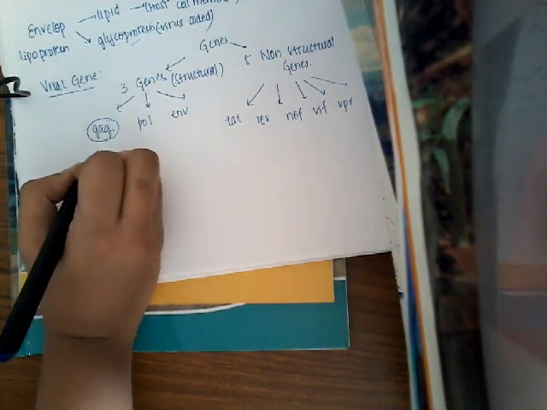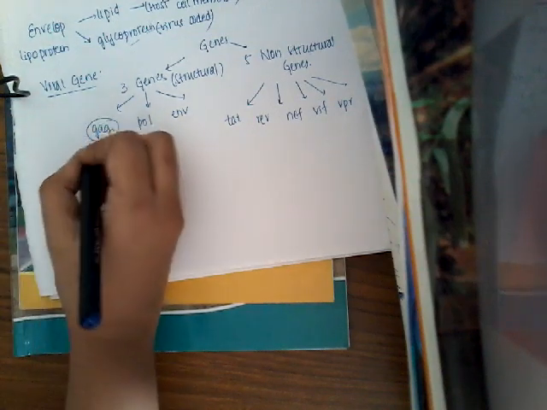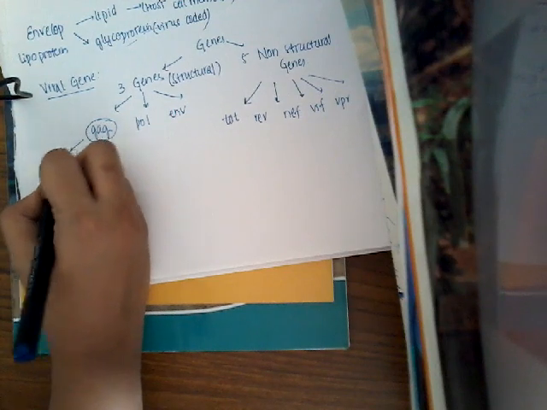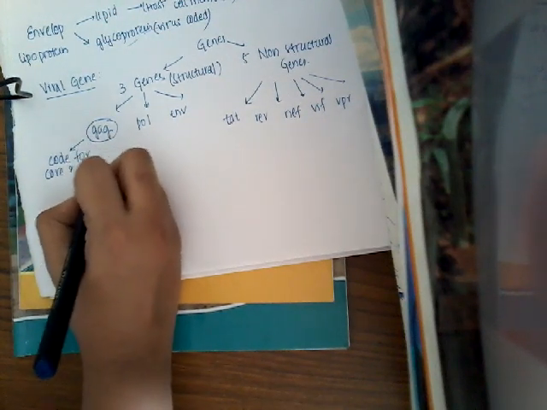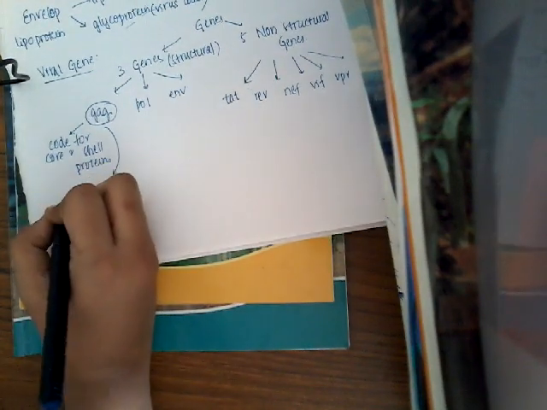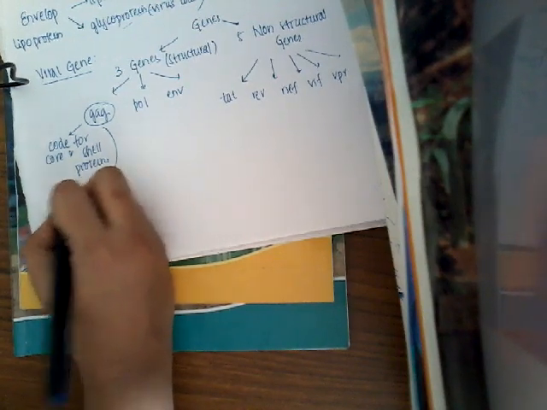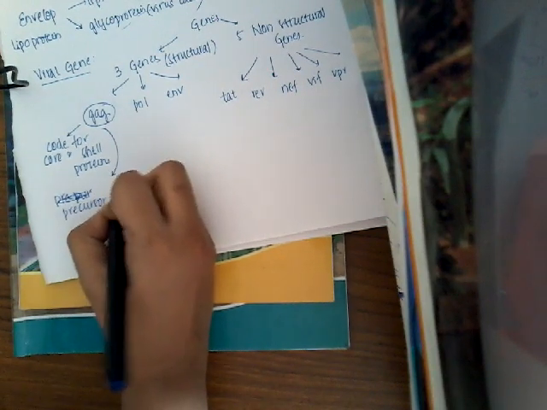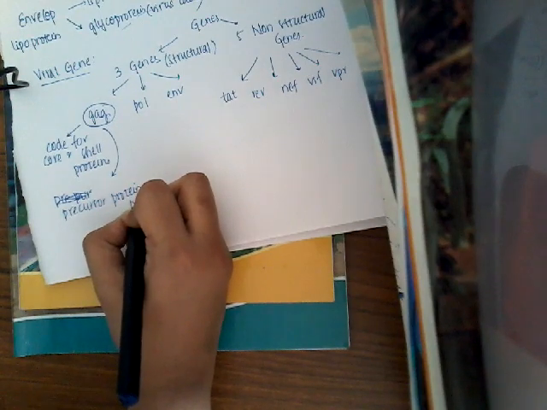The Gag gene codes for the core and shell proteins of the virus. It is first expressed as a precursor protein called P55.